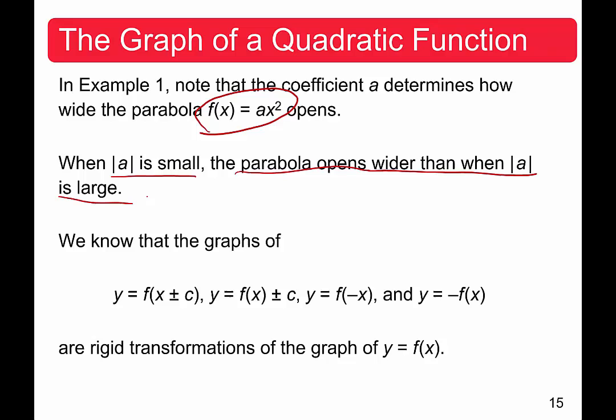And we know that for the graph, the first one, adding or subtracting c inside, is a horizontal shift, and we learned it from chapter 1. And adding or subtracting c for the entire function is what we call a vertical shift. And if x becomes negative x, this is a reflection about the y-axis.